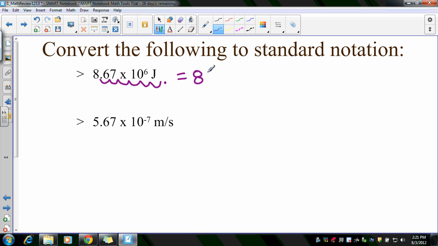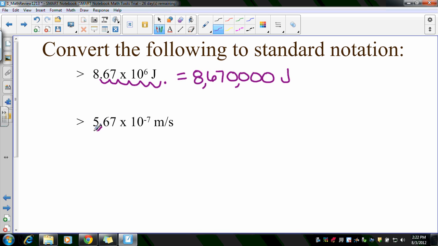So 8, 6, 7, and then 4 zeros. 1, 2, 3, 4 joules. And so we get 8,670,000 joules. Huge number.